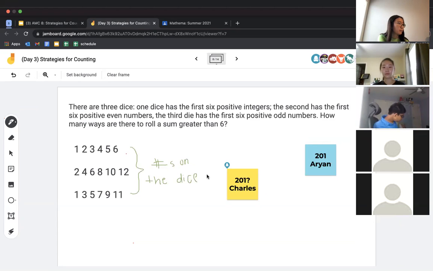Okay. So for the number of ways you can roll a sum less than 6, you can roll the numbers 1, 2, and 1. You can roll 2, 2, and 1. You can roll 1, 4, and 1, because remember 6 is not greater than 6.